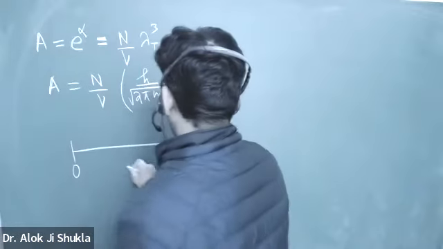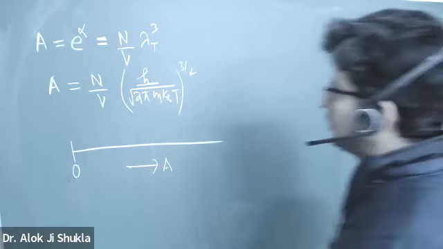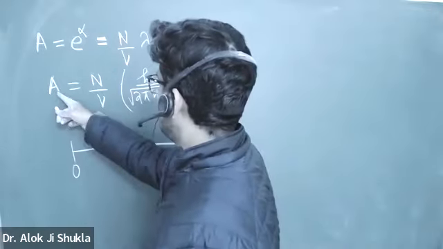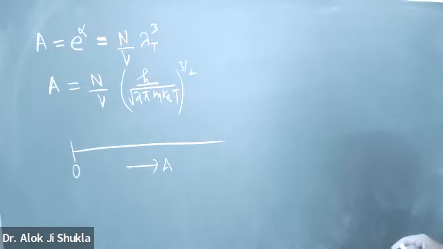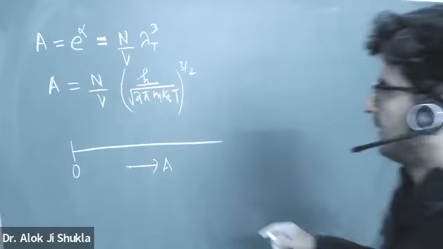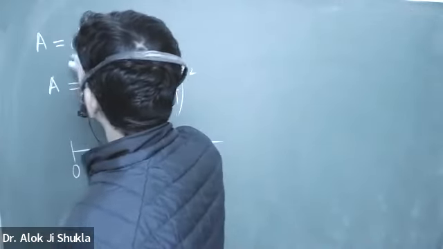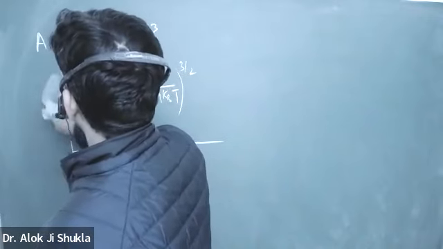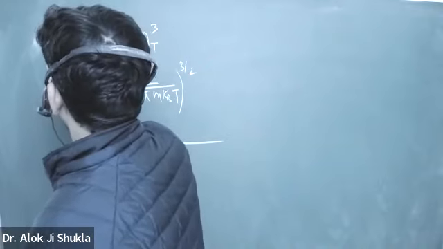So please see, if I draw a line like 0 here and higher values of A here, okay? So if A is very small, that means lambda t, h square. No, this is e to the power minus alpha, I guess. Check.